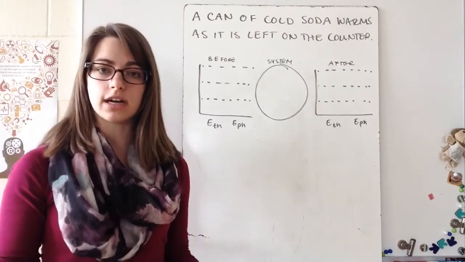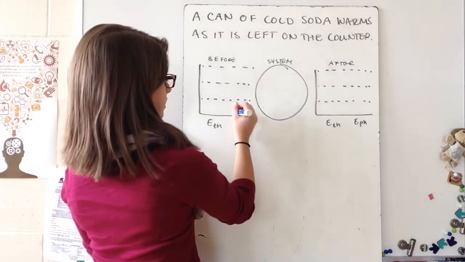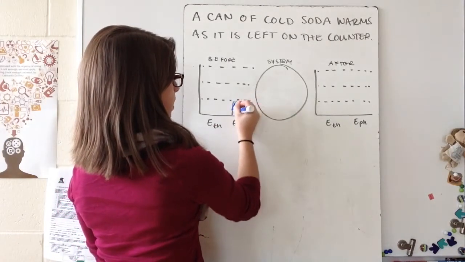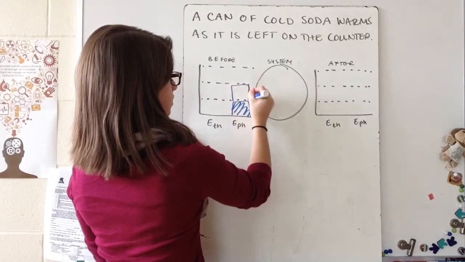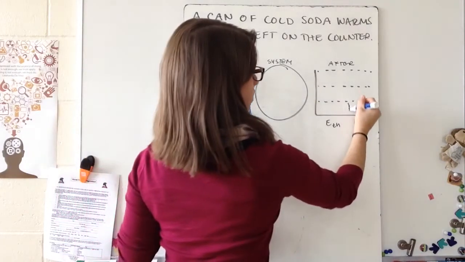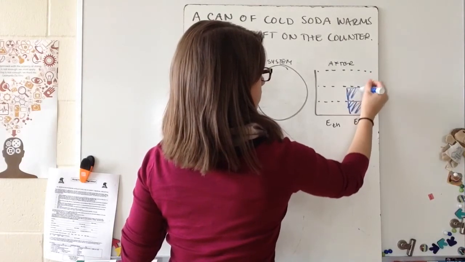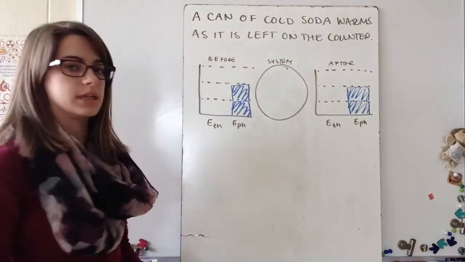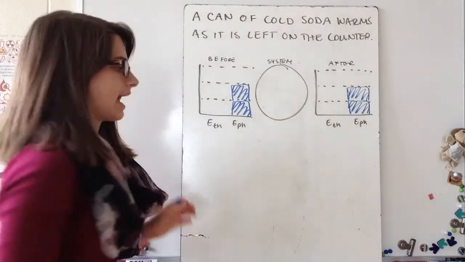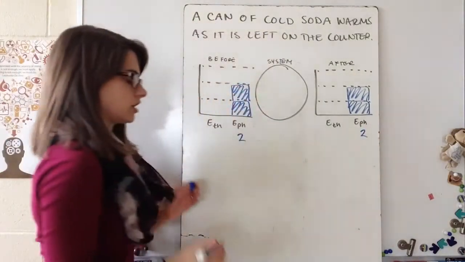No. It started as a liquid, it's still a liquid. Hasn't changed state. So I'm going to say that this soda still has 2 bars of phase energy before, because it's a liquid. And I'm going to say that it has 2 bars of phase energy after, because it's still a liquid. It hasn't changed states. Nothing in that scenario said anything about it changing states.